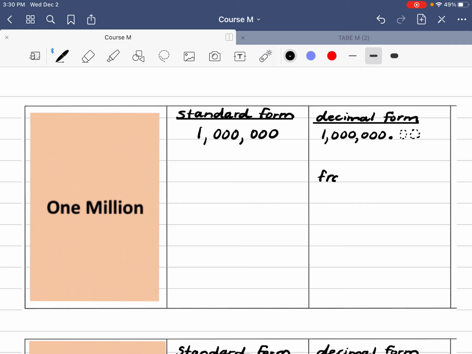Fraction form is standard form, but we need a denominator, and it has to be a 1.